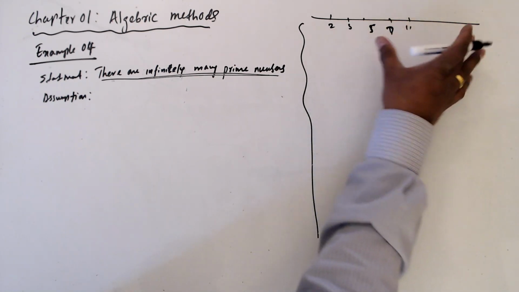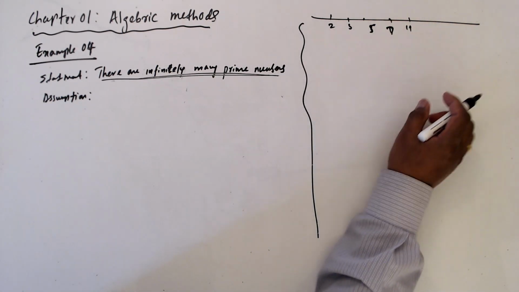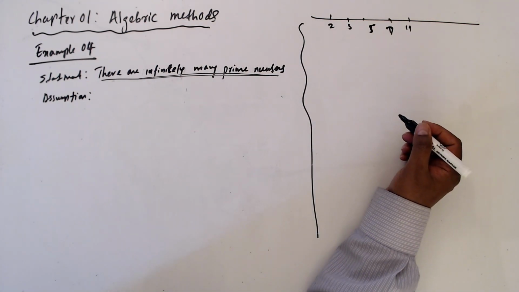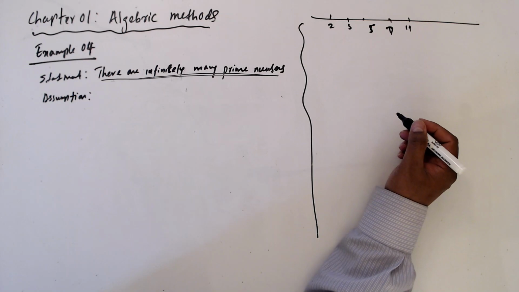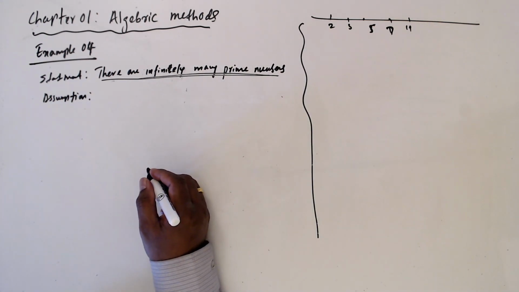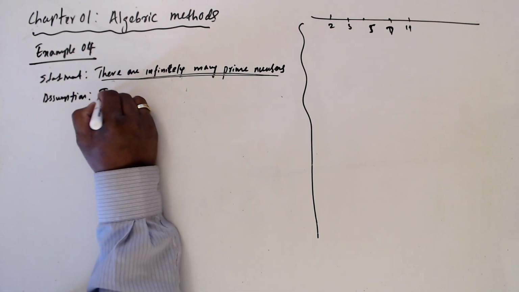Are they unlimited or limited? Yeah, there are unlimited prime numbers. It means there are infinitely many prime numbers. So then we want to show that there are infinitely many prime numbers. So our assumption should be there is a finite number of prime numbers.